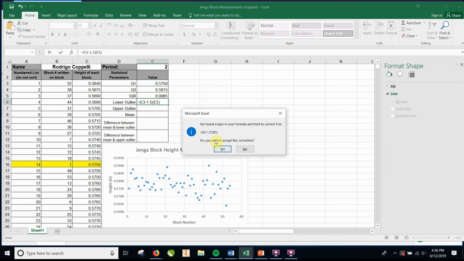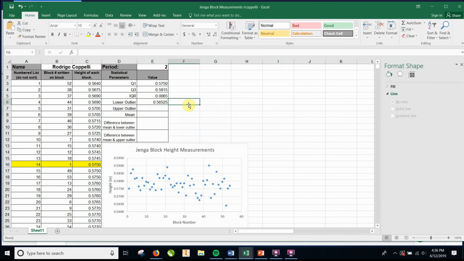Do note that multiplication is that little asterisk button, so you have to put that asterisk in there. Yes, I'll accept that correction. So the formula is Q1 minus 1.5 times IQR. That is the formula that we put in there. So that's my lower outlier.